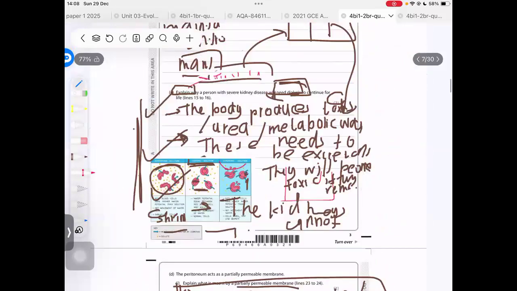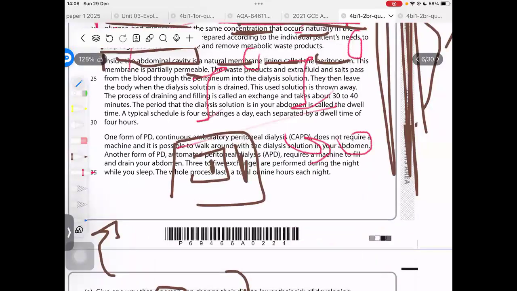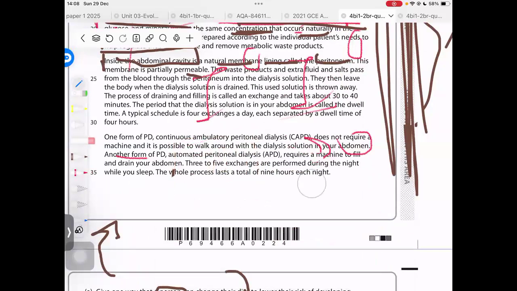Okay, so you can see 33 to 35: another form of PD, automated peritoneal dialysis, requires a machine to fill and drain your abdomen. 3 to 5 exchanges are performed during the night while you sleep.